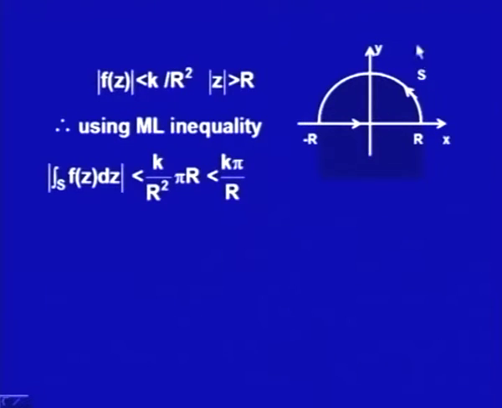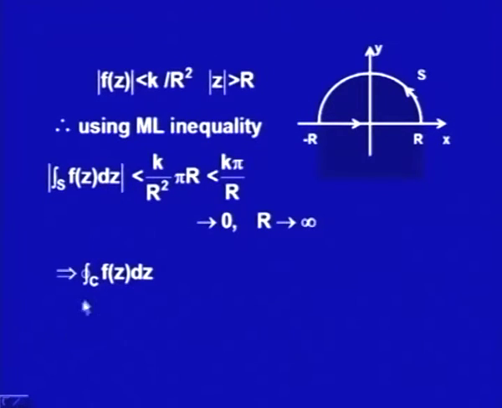So, as z becomes greater than r, we are reaching out and out, my semicircle is increasing. Since this is bounded by this positive quantity and this positive quantity would go on decreasing, the value of this integral must be 0. So, it would approach 0 as r approaches infinity. This says that now this integral over S of f z d z is 0.